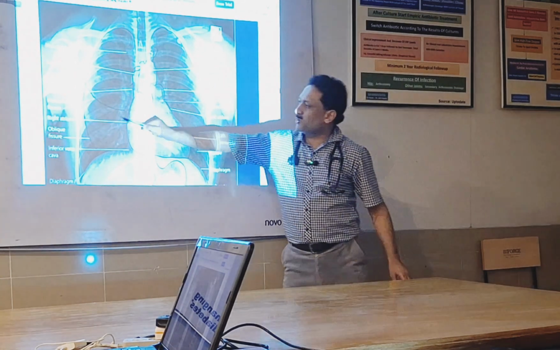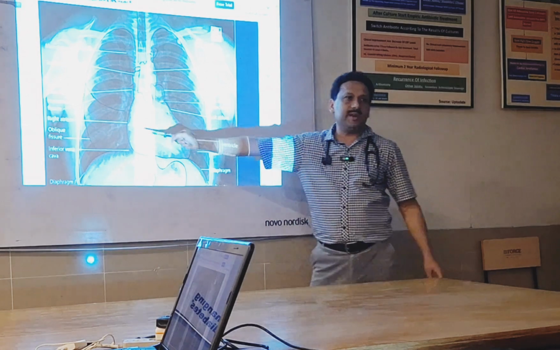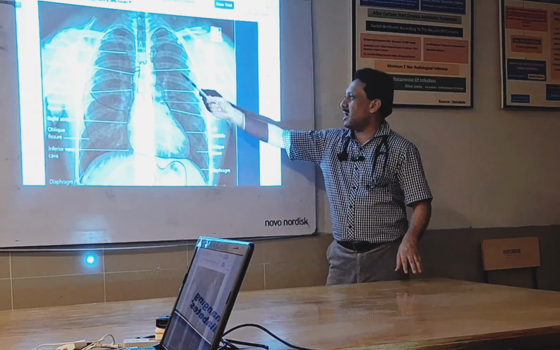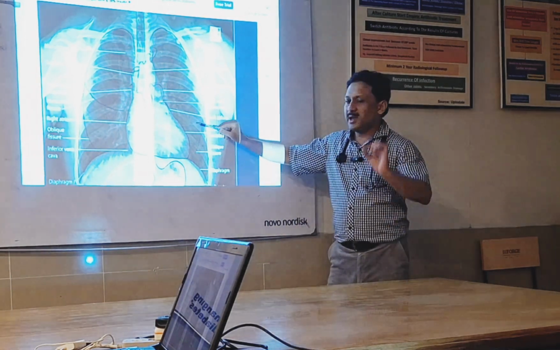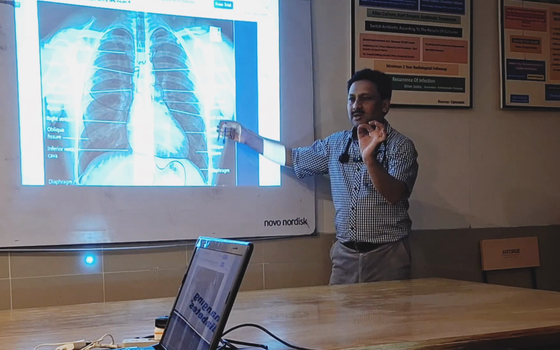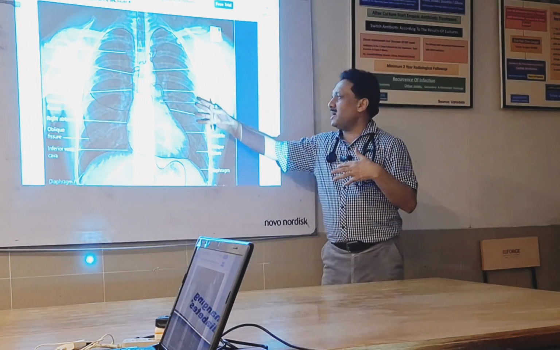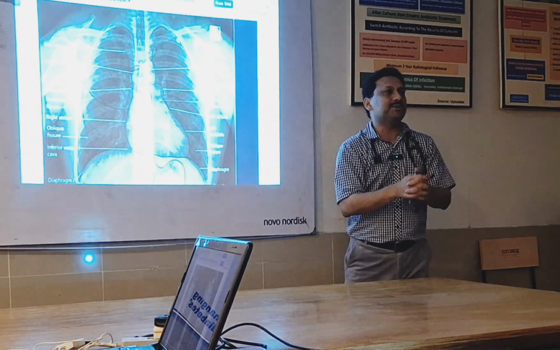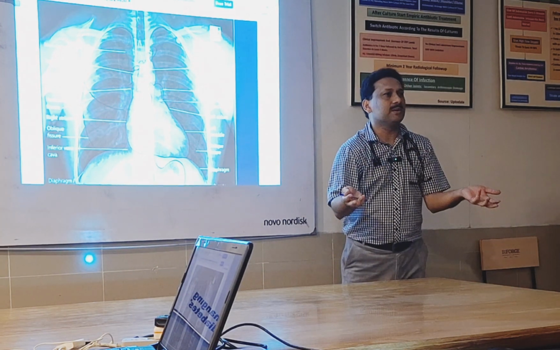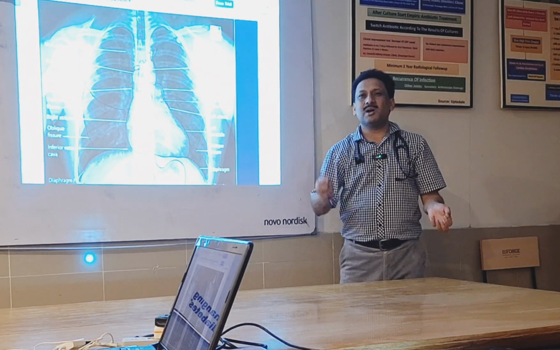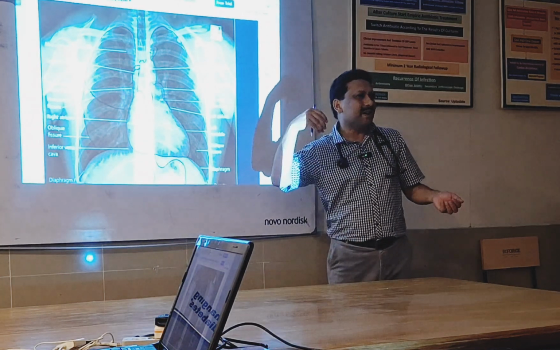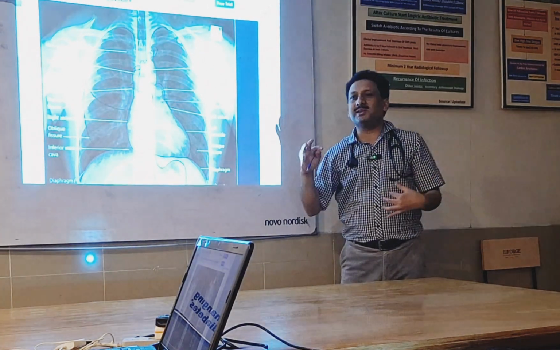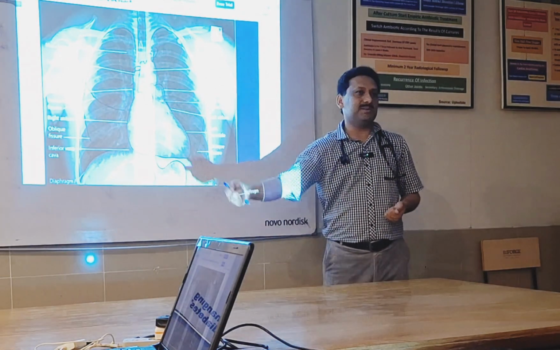So you are seeing the small vascular markings here and at different points. Now, if the X-ray is underexposed, things become so white that sometimes these vascular markings get jumbled up and you develop an impression that probably this is some sort of non-homogeneous opacity.